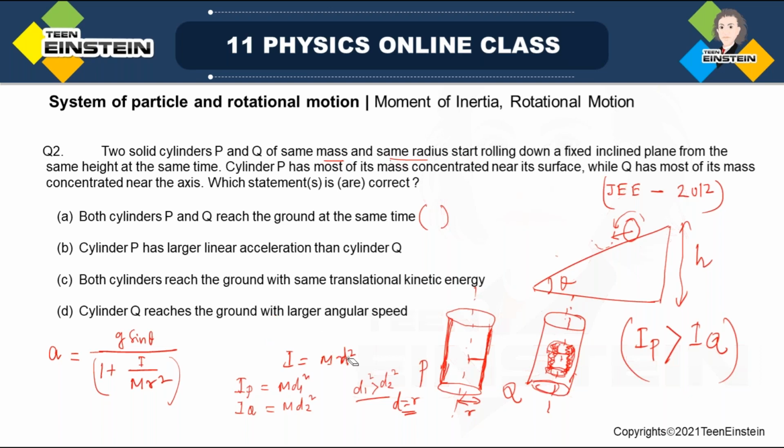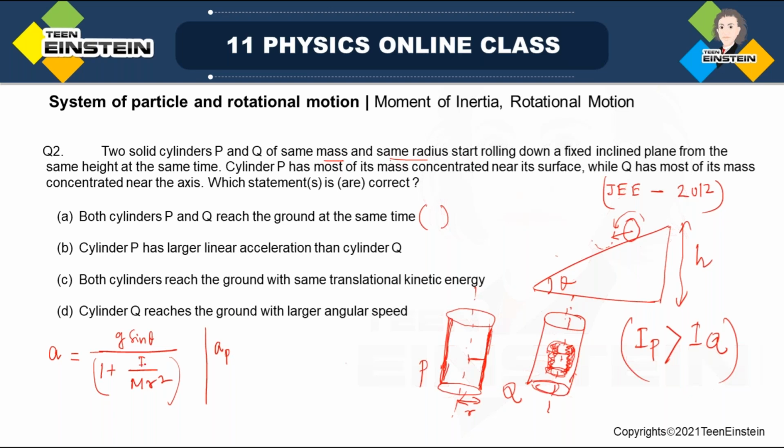Okay, now look at this expression for the acceleration. This is the linear acceleration for the P cylinder. If I just put in the values I'll get it anyway, but I just wanted to make a comparison of AP and AQ.